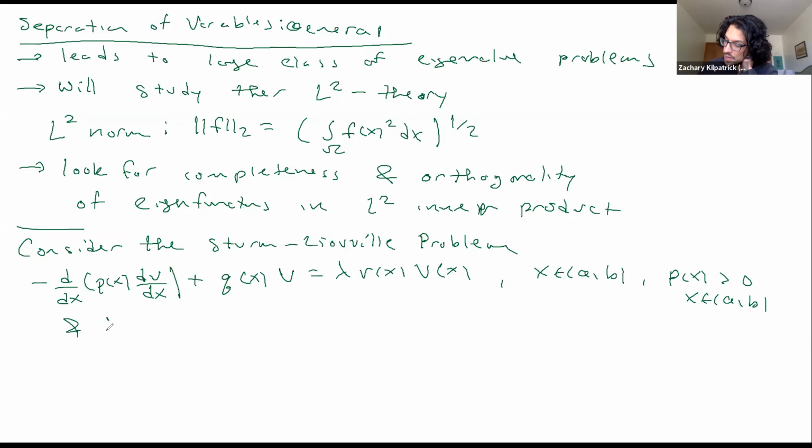And we're going to need some linear homogeneous BCs at x equals A, B, okay?